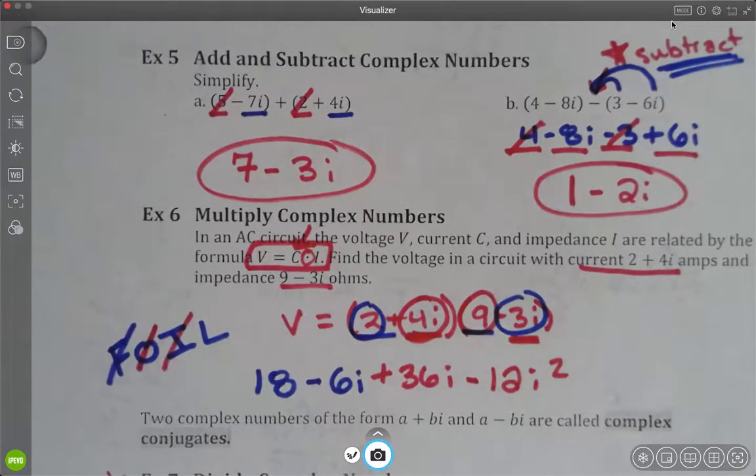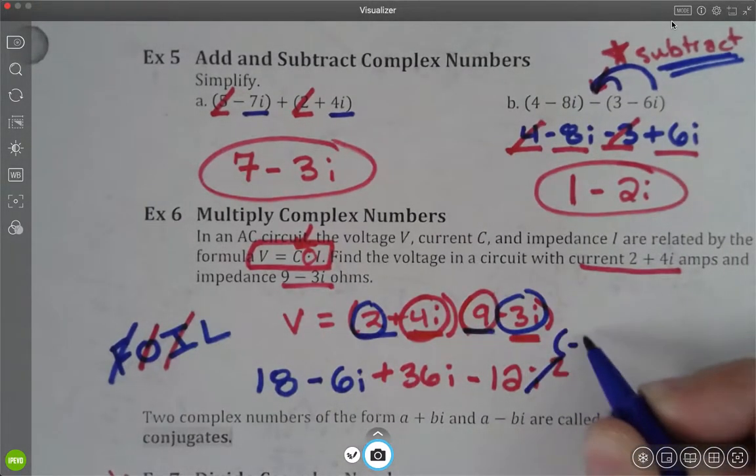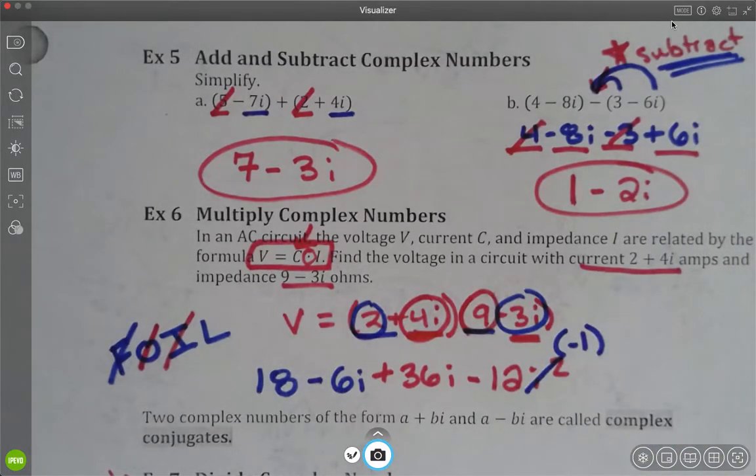Okay, now here's the weird part. The last thing for multiplication, the weird part, is I know that i is the square root of negative 1, but I don't want any square root of negative 1. So I'm just going to leave those i's there. But I do know that i squared is negative 1. So I'm going to replace it. That 12, instead of being negative 12, is going to become positive 12.